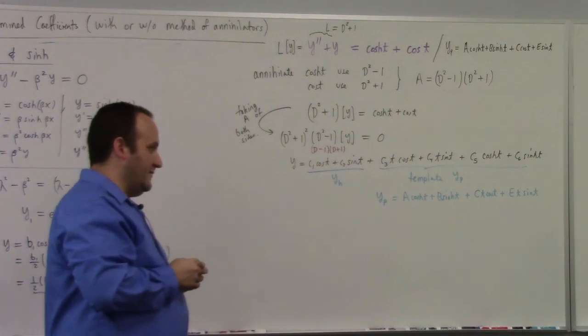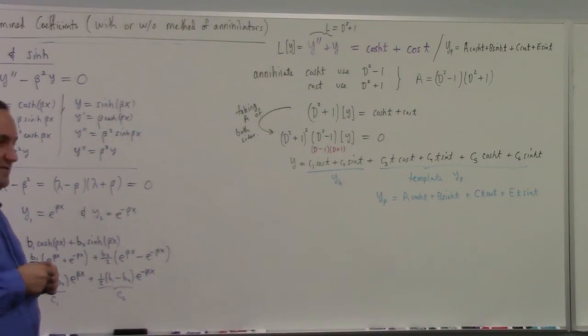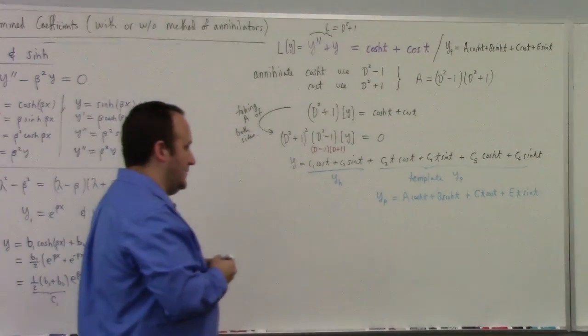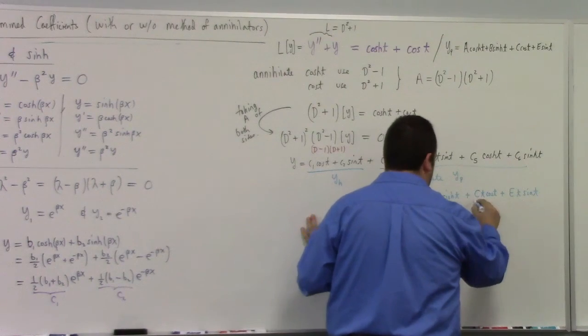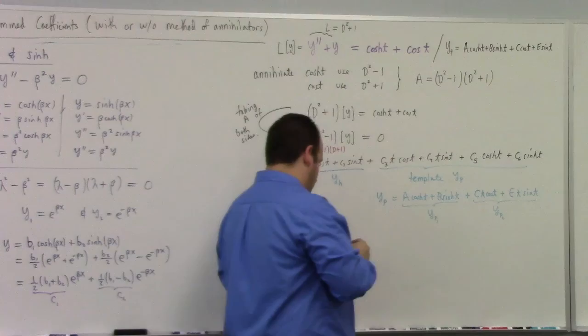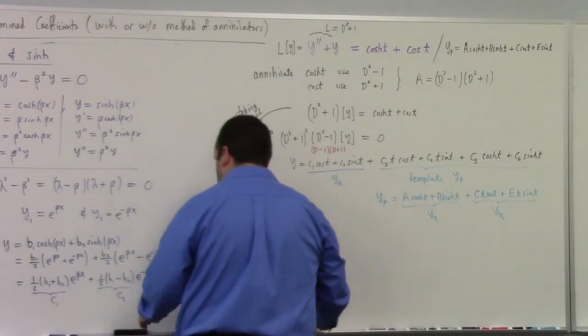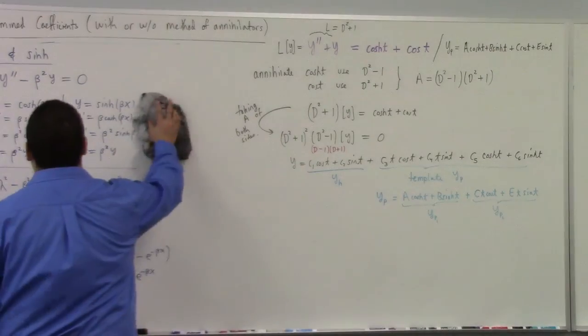And in fact, you don't have to do everything all at once. You can divide and conquer here. We could do the cosh and sinh piece first. Let me call this piece YP1. Let me call this piece YP2. There's no sense in doing everything at once because it's kind of a pain. So why don't we just take care of the cosh and sinh part first because it's easier. I'll feel better about my life after I do that.